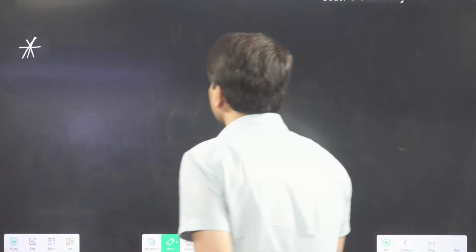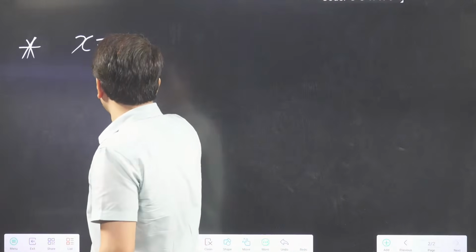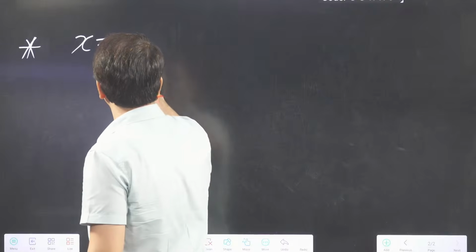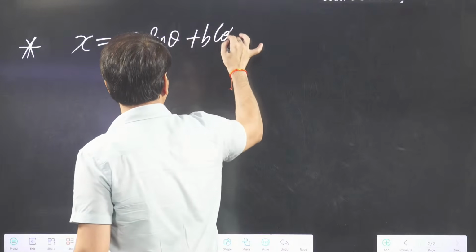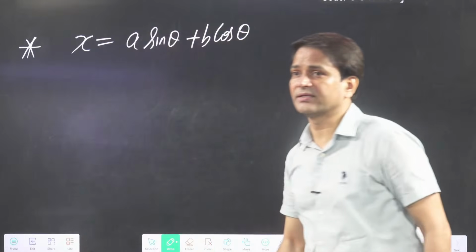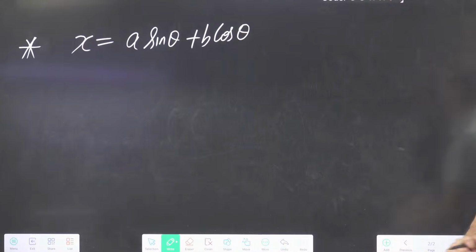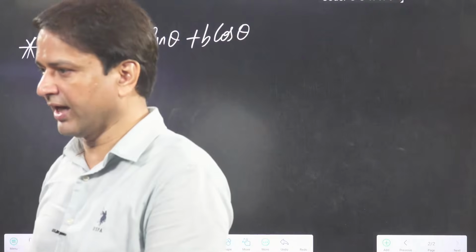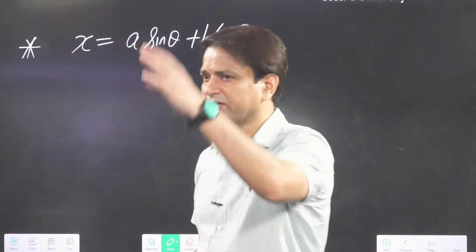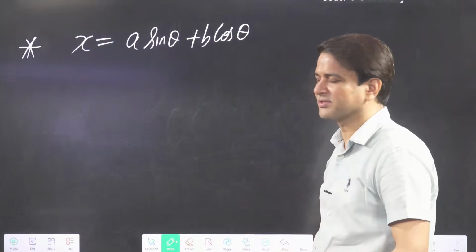Okay. So remember that suppose this type of function we are getting: x is equal to a sin theta plus b cos theta, and I need the maximum value of x. By mathematics simply we can prove also, but that is not much required.